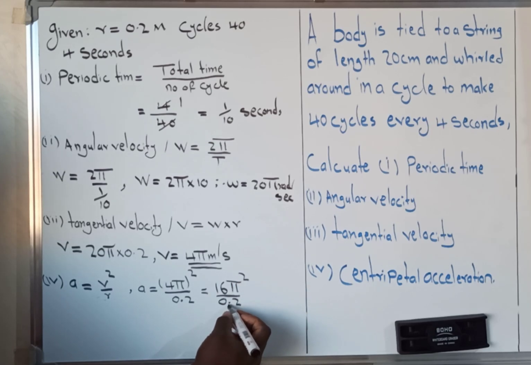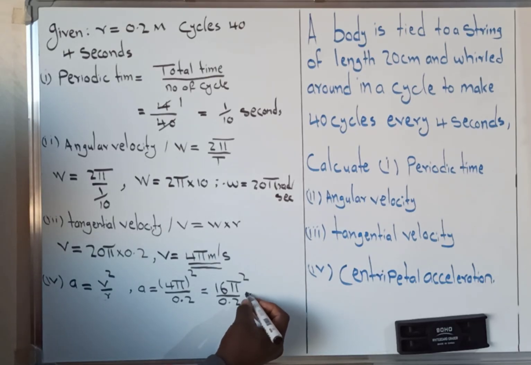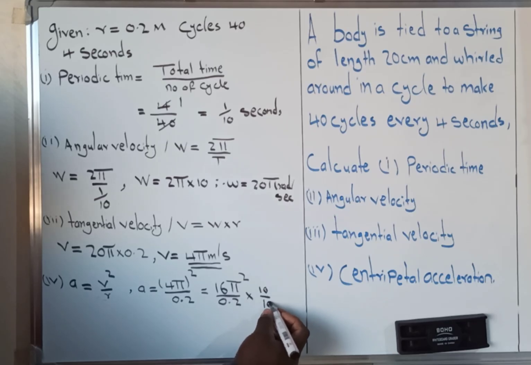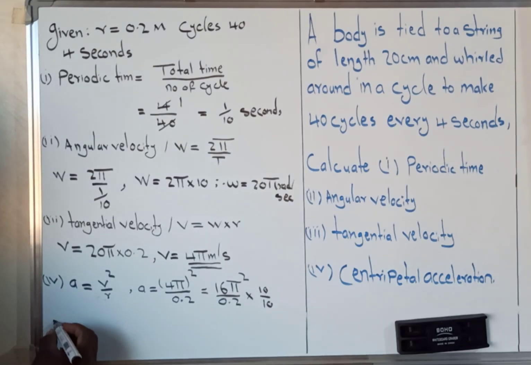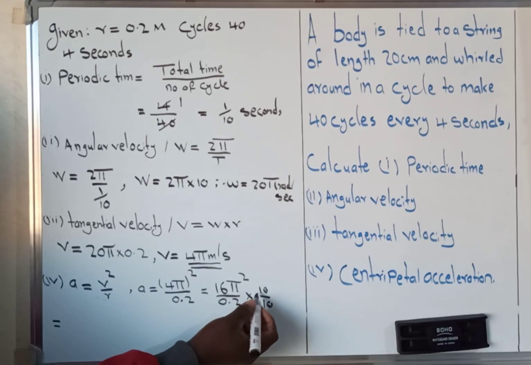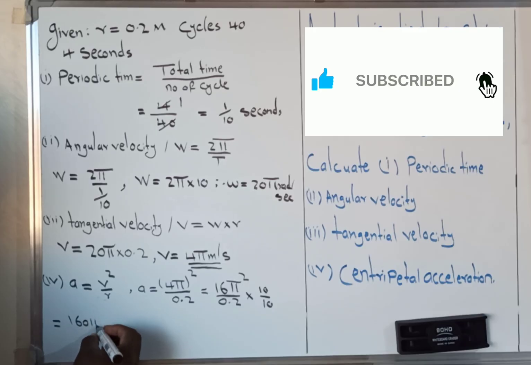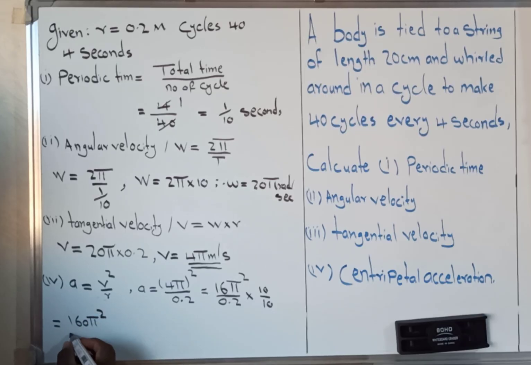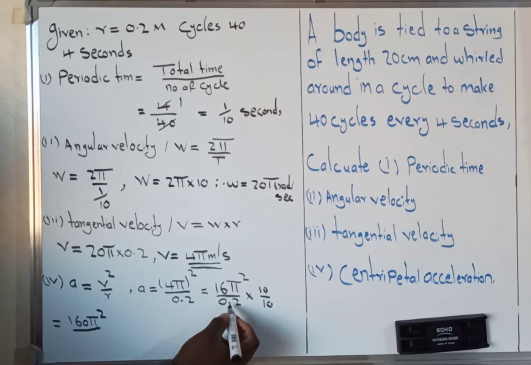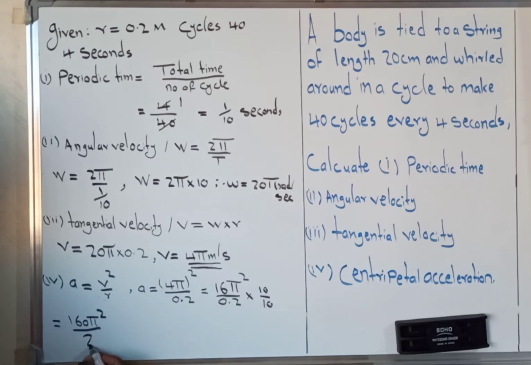0.2. But here we have a decimal point. So what are we going to do here? We multiply the numerator and denominator by 10. Therefore I have 10 times 16, which gives me 160 pi squared, and 0.2 times 10 gives me 2.